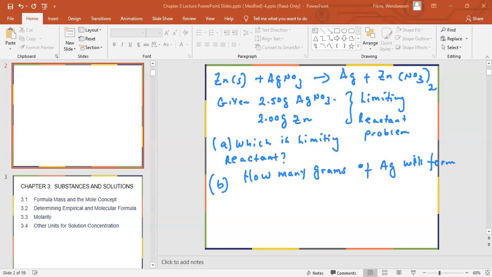And for the product side, I would put a coefficient of 2 before silver. On the product side, you put 2, right, before silver. And I'm putting the 2 before the silver nitrate on the reactant side too.